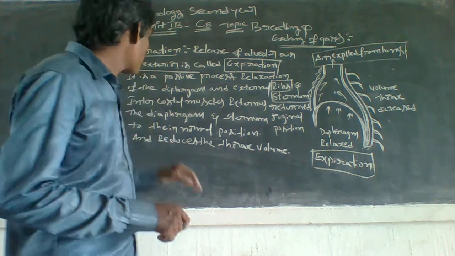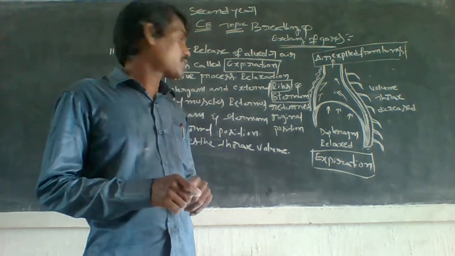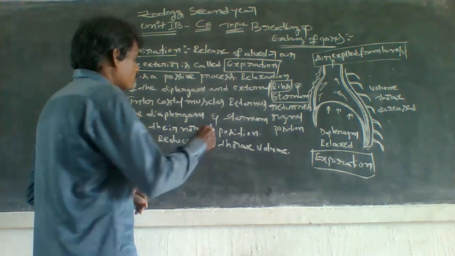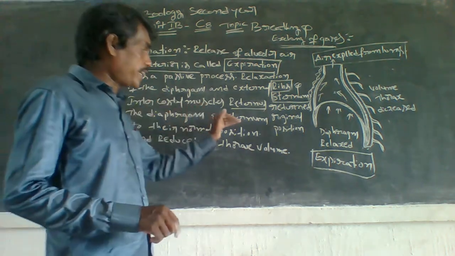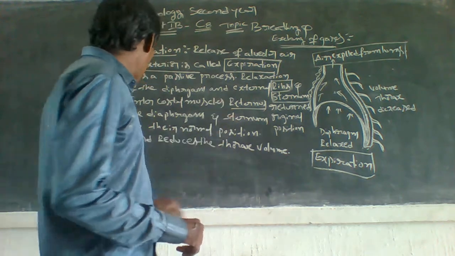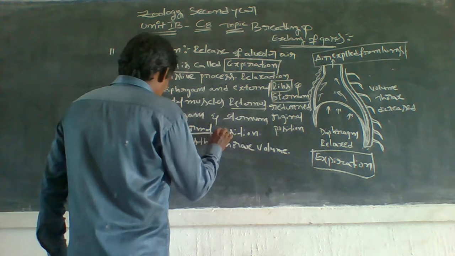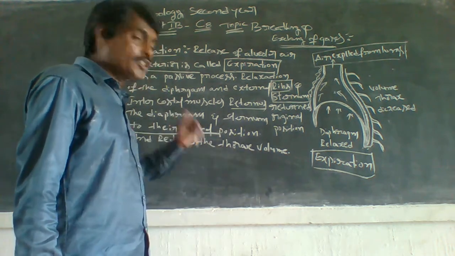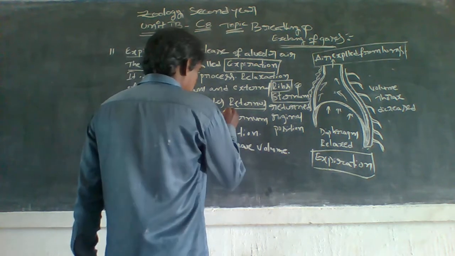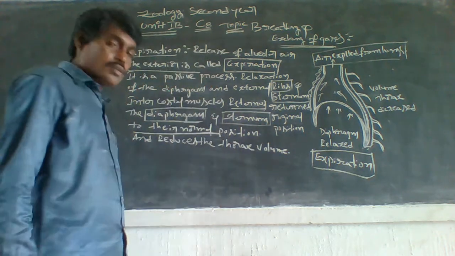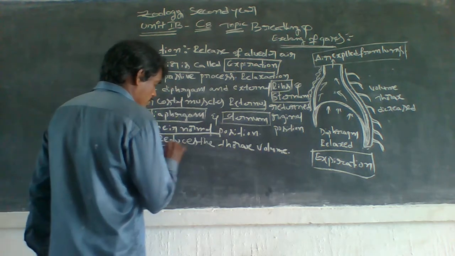It occurs by relaxation of the diaphragm and external intercostal muscles, which returns the diaphragm and sternum to the normal position and reduces the thoracic volume.